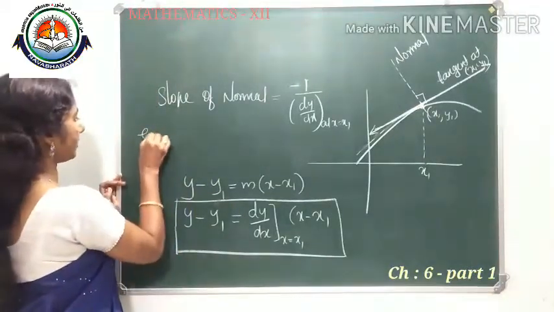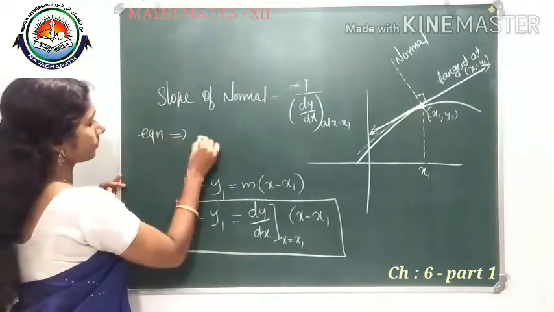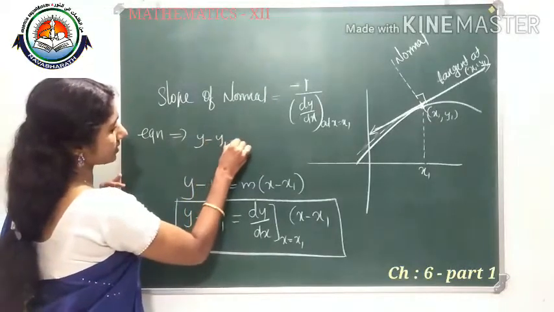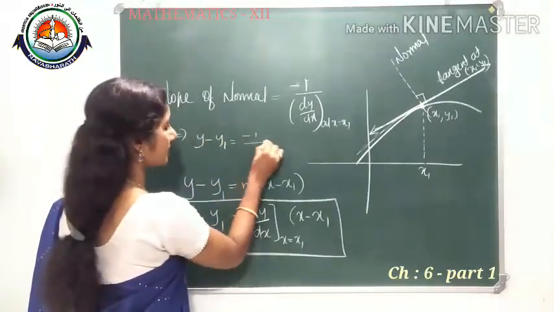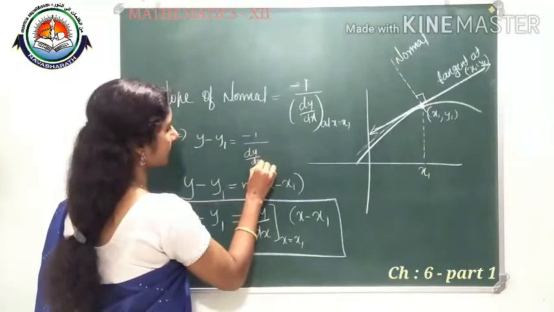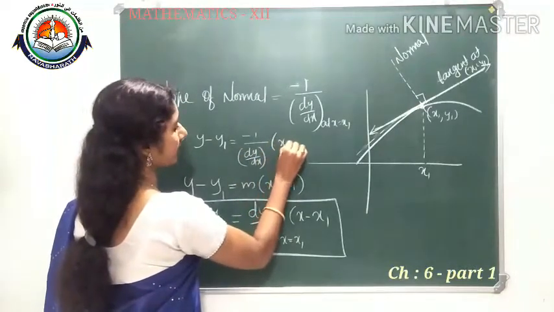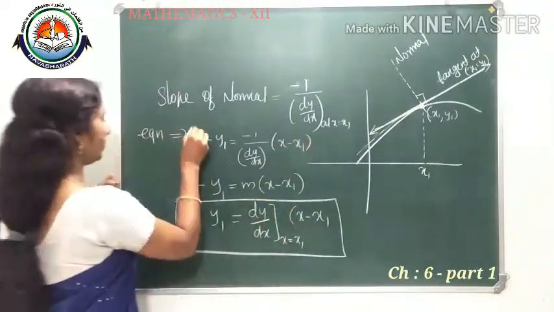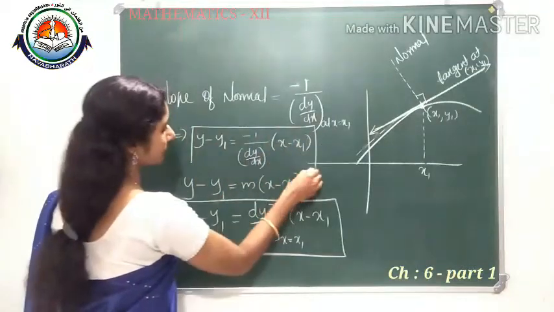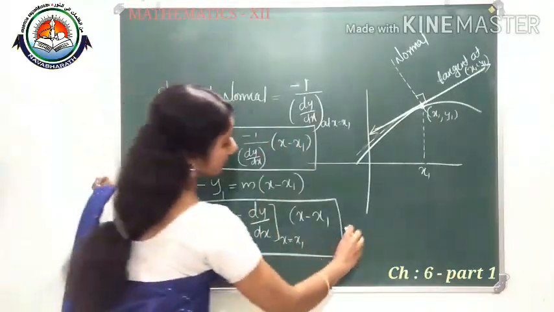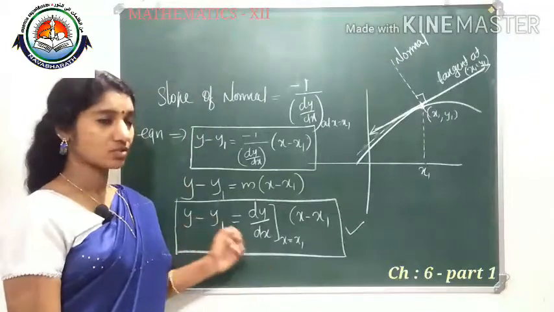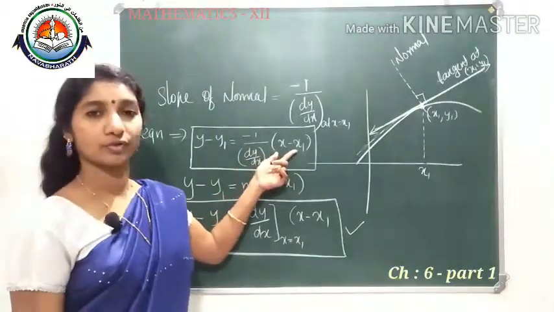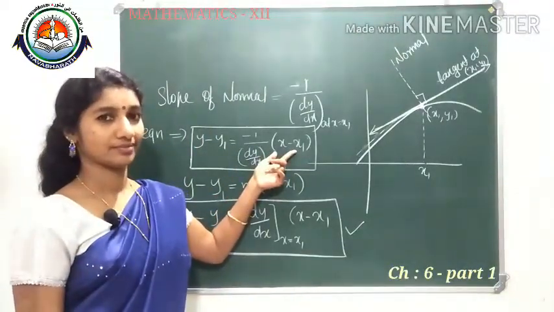The equation of the normal is y minus y1 is equal to the slope, minus 1 by dy by dx, into x minus x1. Now we wrote the equation of the normal also. This is the equation of the tangent at (x1, y1) and this is the equation of the normal at (x1, y1).